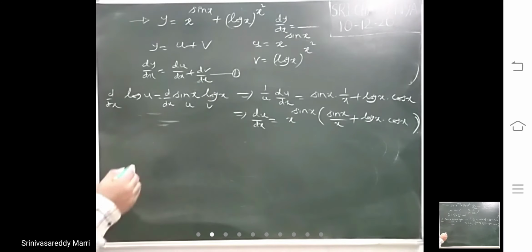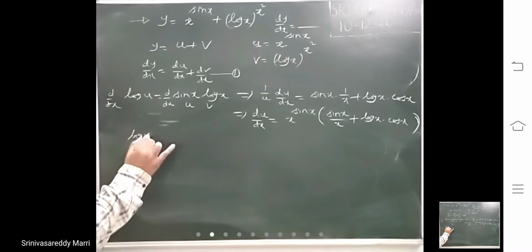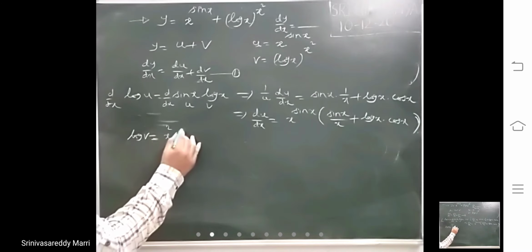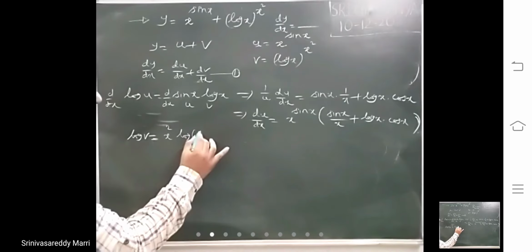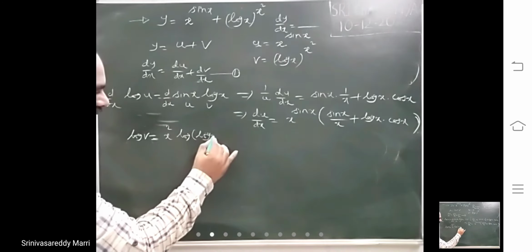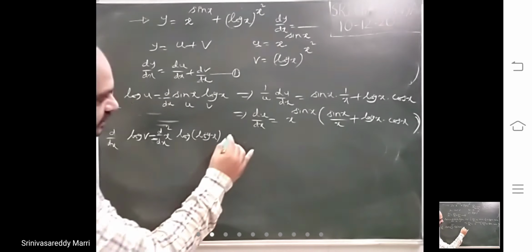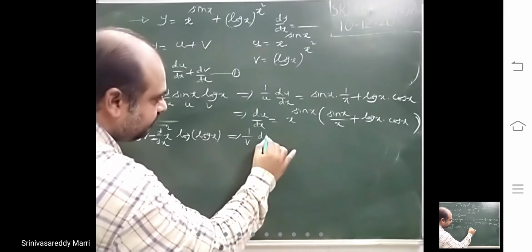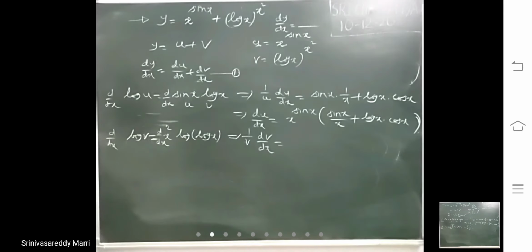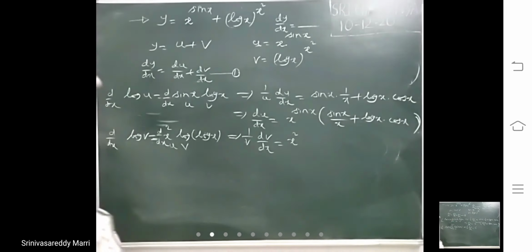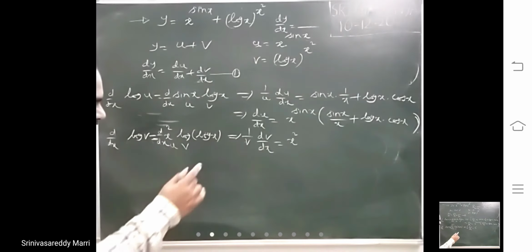Then for v, again the same process. Log v equals x square into log of log x. Now doing the derivative on both sides: 1 by v into dv by dx equals x square into d by dx of log x.